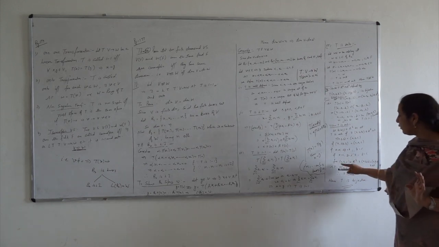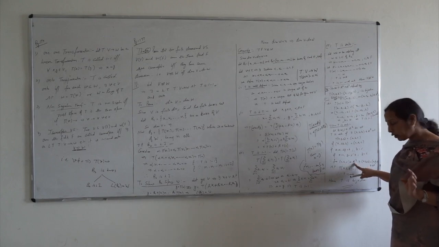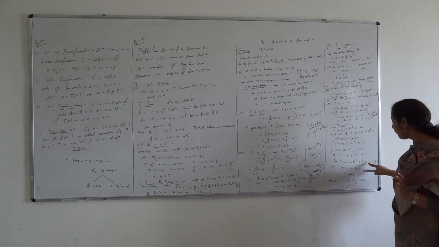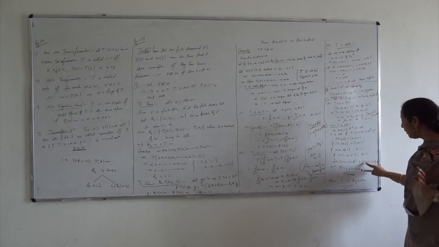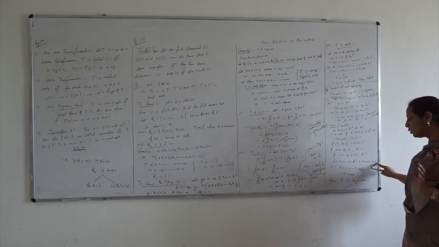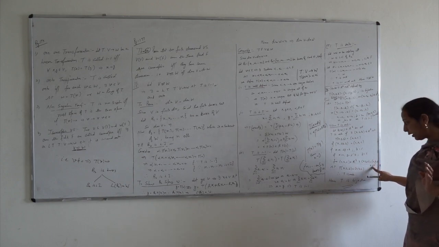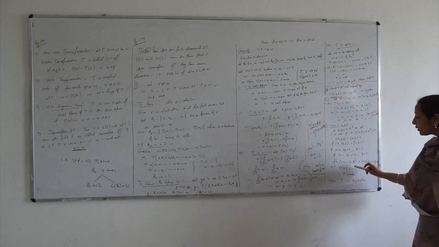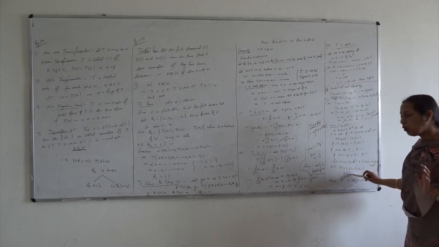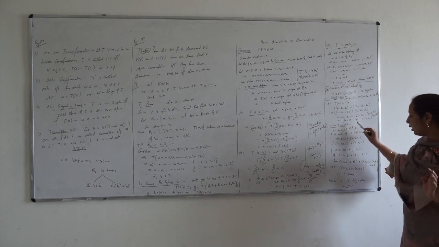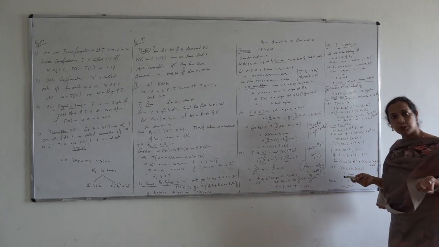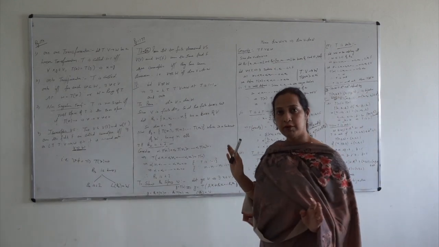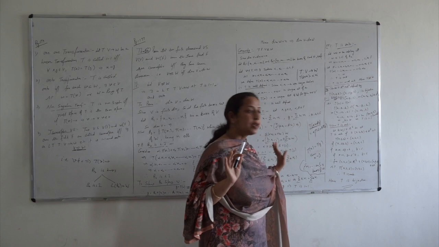That means we prove that for (a, b, c) belonging to R3, there exists a vector (x, y, z), where x is equal to a, y is equal to b by lambda, z is equal to c. This is an element of R3 such that T of (x, y, z) is equal to (a, b, c). Then we prove T is onto. That means T is 1-1 and also onto. That means T is a bijective mapping, which we had to prove. Now this is all about our theorem and one example.